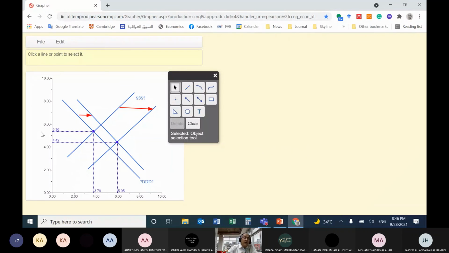No, the price of laptops decreases, and it's affected mostly by the increase in supply. And what happened to equilibrium quantity? Equilibrium quantity increases. Is it clear till now?